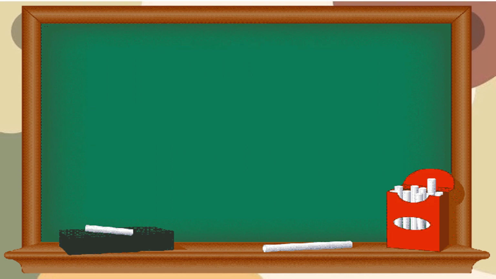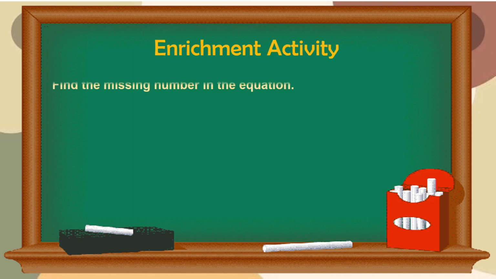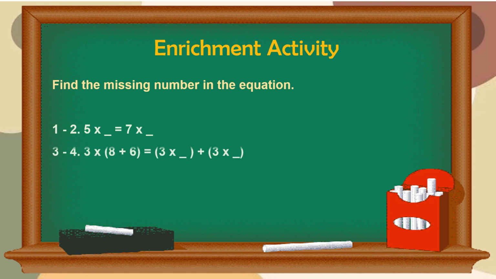Now, it's your turn. Try to answer the following. Find the missing number in the equation. Number 1 and 2. 5 times blank is equals to 7 times blank. Number 3 and 4. 3 times 8 plus 6 is equals to 3 times blank plus 3 times blank.